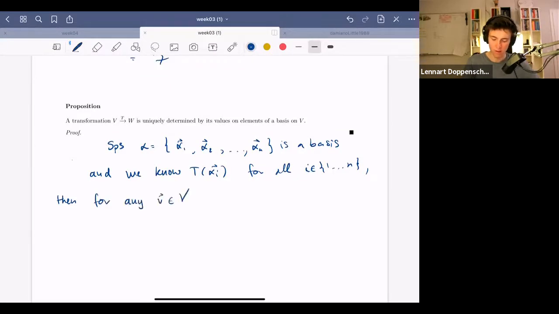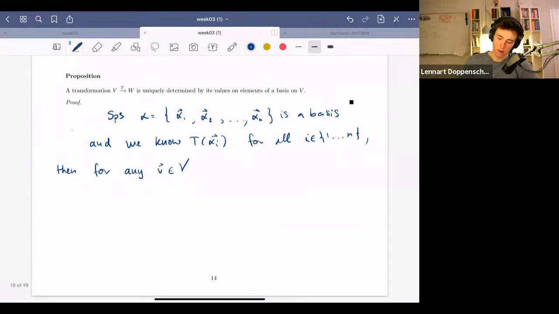we just do exactly what we did in the discussion. We first use the fact that v has a linear combination expression in terms of the alphas, because it's a basis. That's the whole point of why we wanted to have a basis in vector spaces. So to compute T of v, we first express v in terms of a basis.